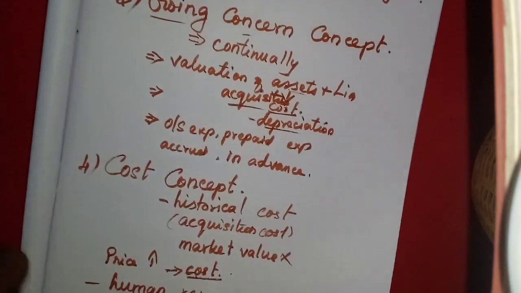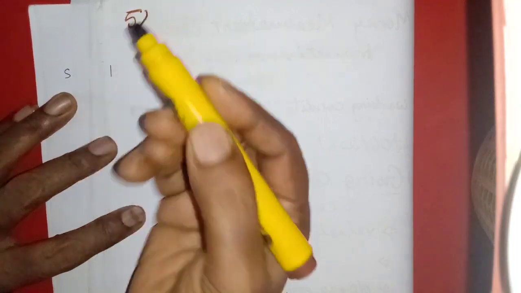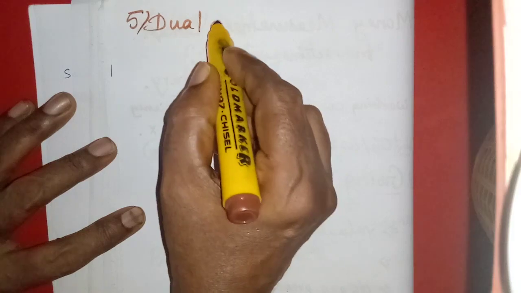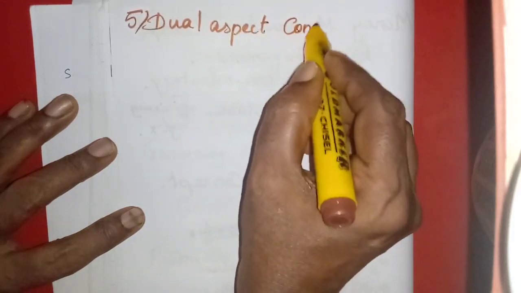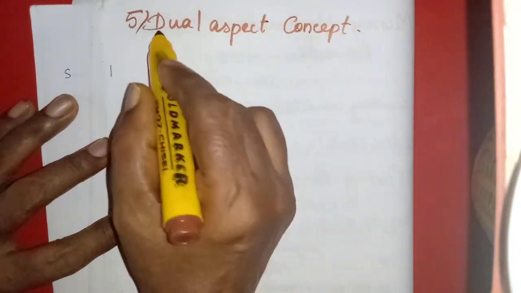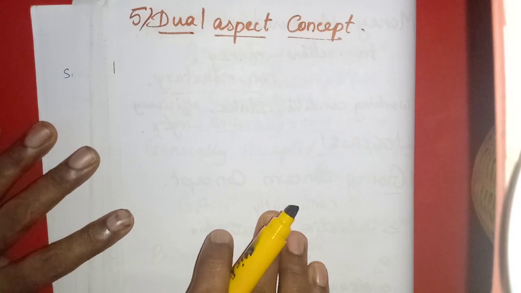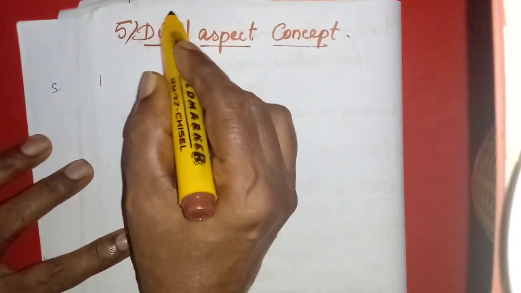Okay, then the fifth one, the dual aspect concept. This we have already learned. From the beginning I was saying, isn't it? Dual means two.